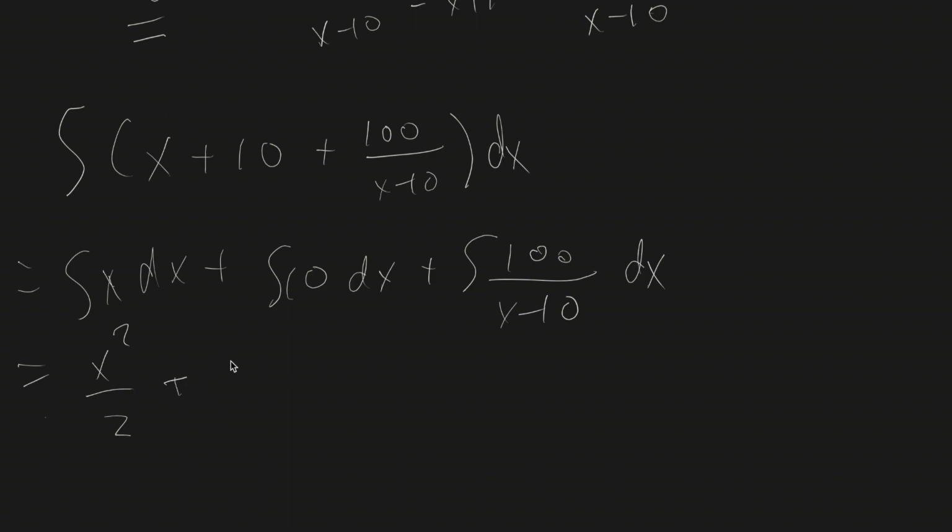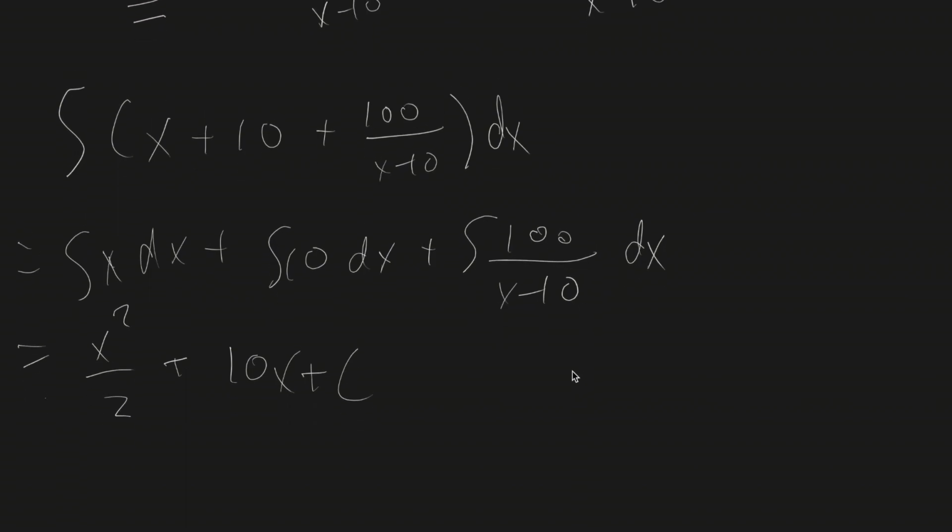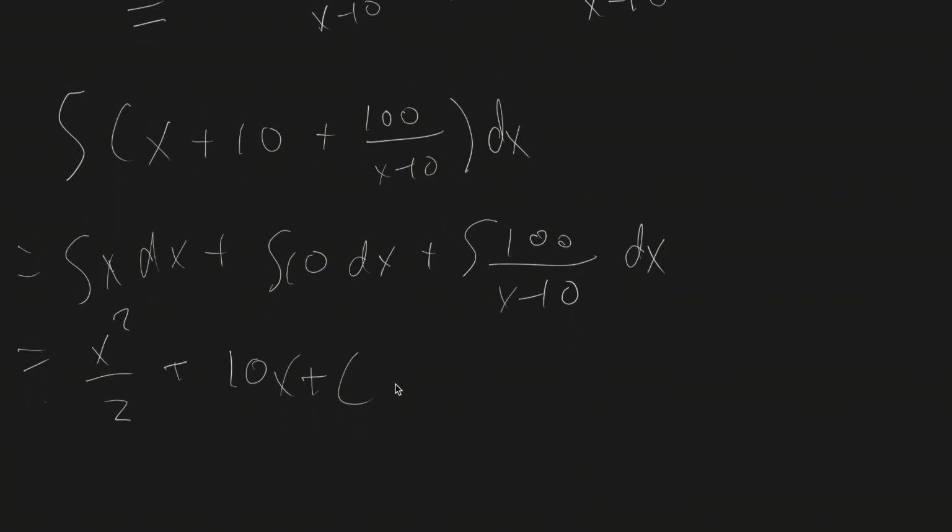Plus the integral of 10 being 10x. And then the integral of this here, or let's just write plus c, since we're going to alter this. We can write plus 100, since we'll factor out the 100, times the integral of 1 over x minus 10 dx.